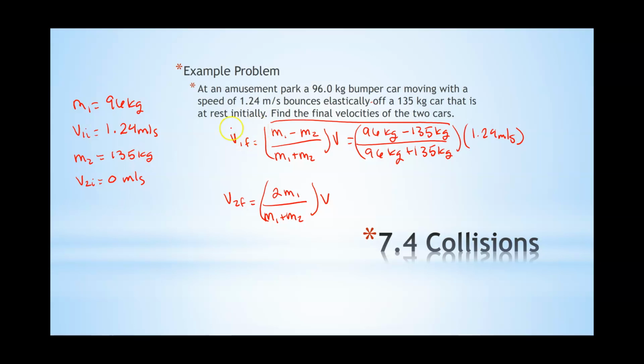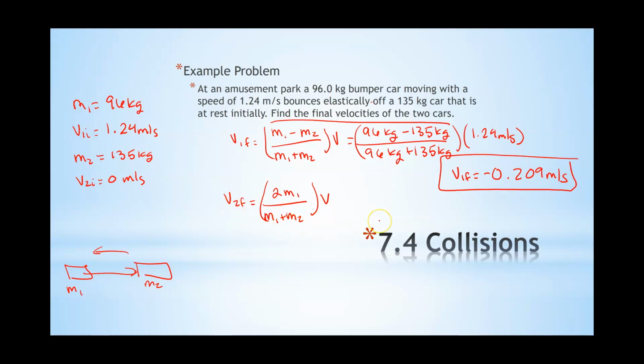So this should help sort of solidify the fact that it bounces off elastically. So the car, so we had m2 was here, m1 was here. It came in and it bounced back elastically. Right? So it's moving in the opposite direction it was before. So this is negative 0.209 meters per second.